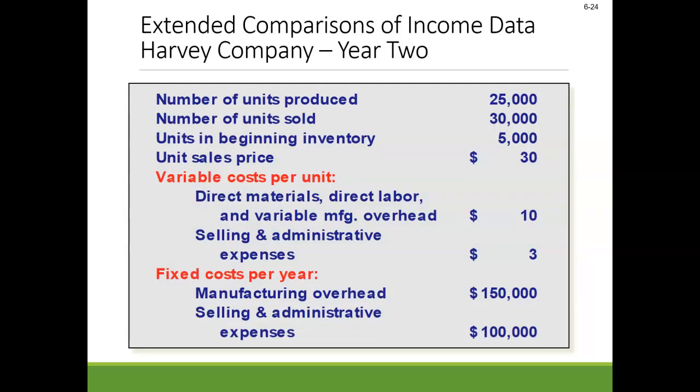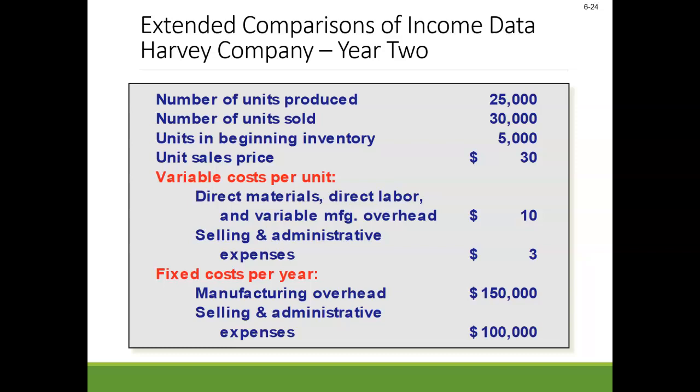Here in year 2, we've got 25,000 units produced, but in this year we sold all of them. We sold the 30,000. So we had some units in the beginning inventory. In this case, our absorption costing is going to be a lower net income than our variable costing is going to be, just because we sold more units than what we really even produced in this period.